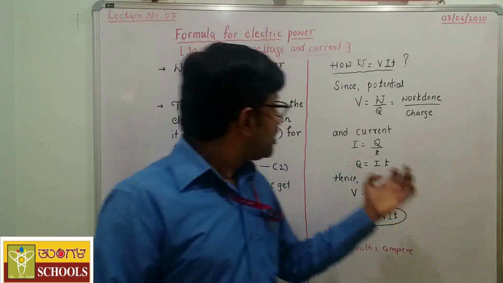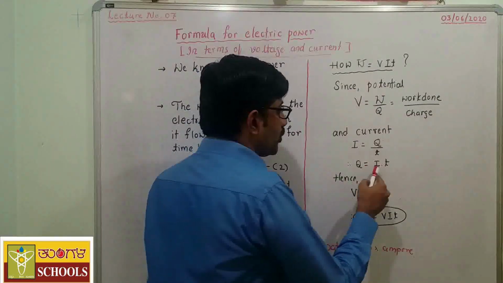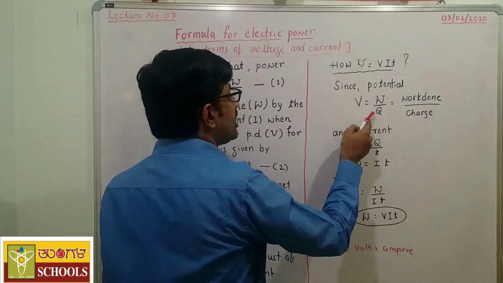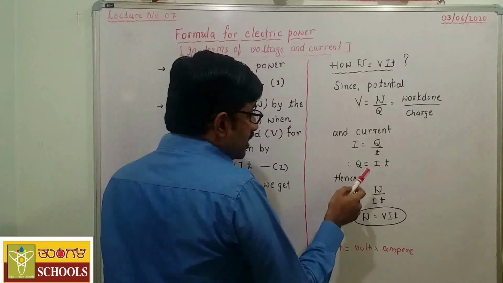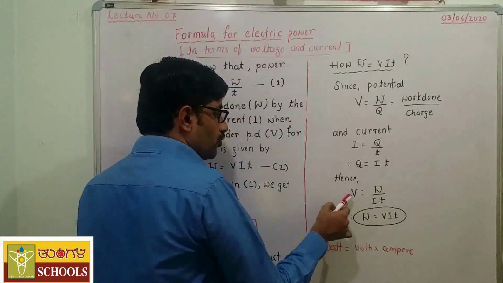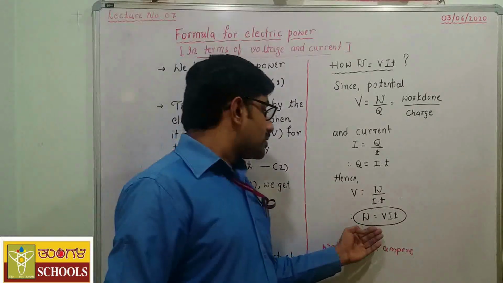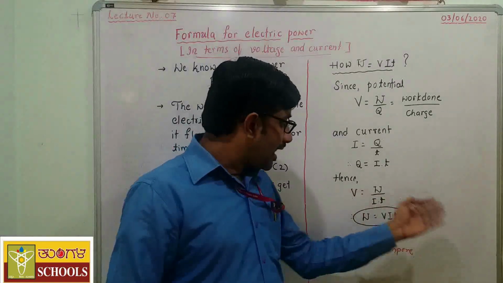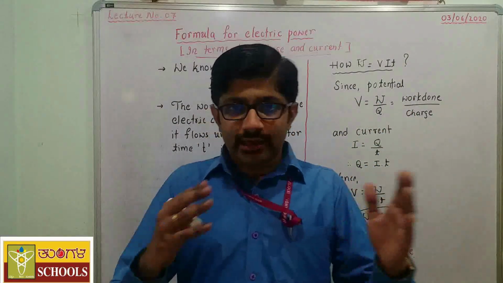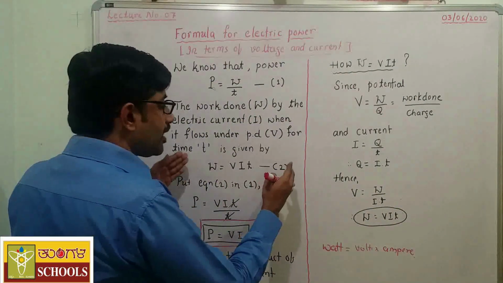Therefore, Q is equal to I into T. So substitute the value of Q in the above equation. Therefore, V is equal to W by IT, and hence by cross multiplication W is equal to VIT. The work done is equal to VIT. We name that equation number 2.